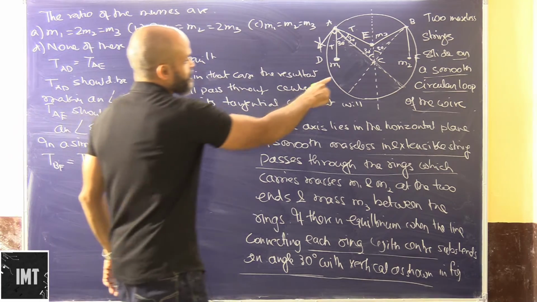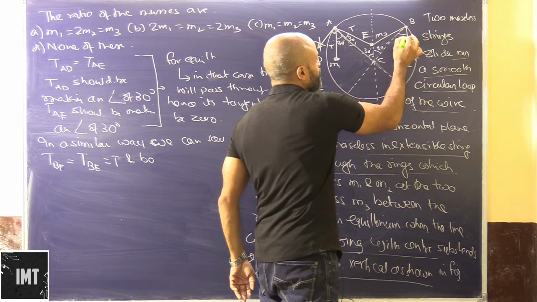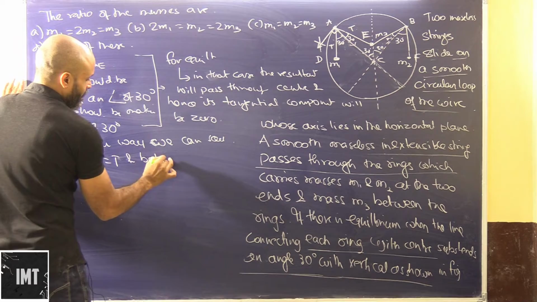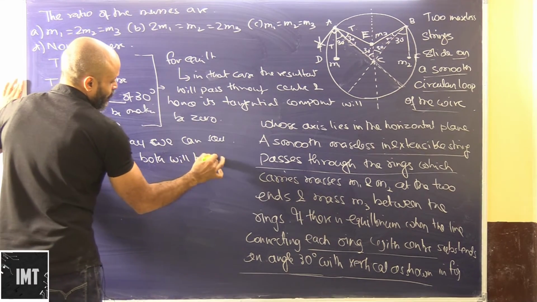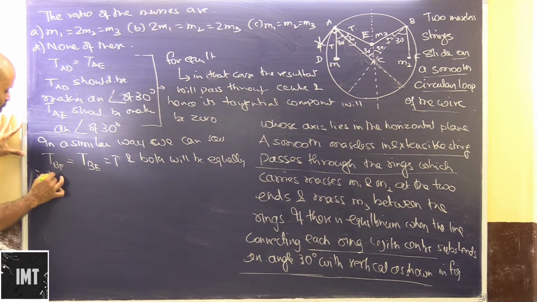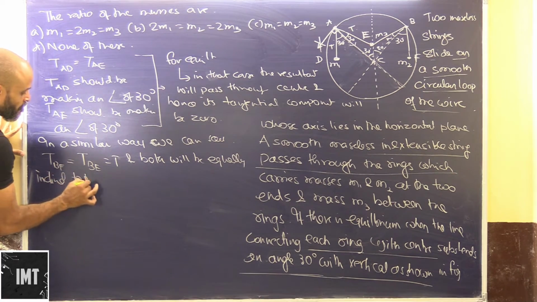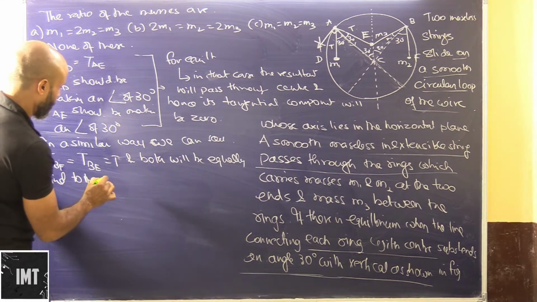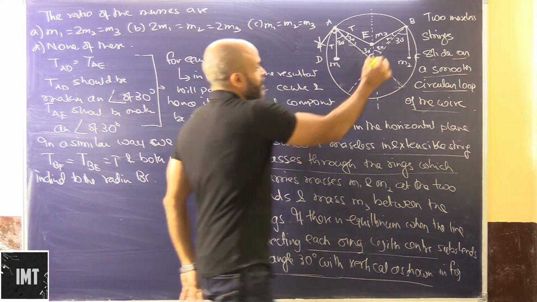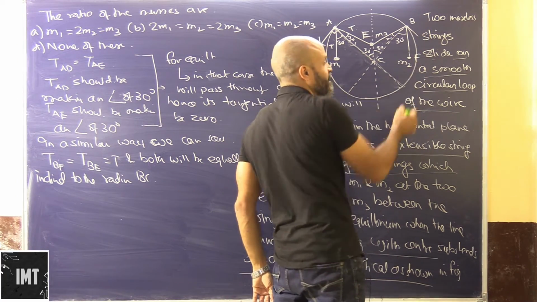If this is 30, obviously this will be 30 as well. Both will be equally inclined to the radius BC. Otherwise there will be a tangential component and then this will slide down.